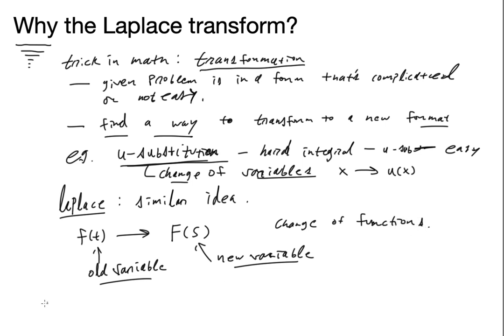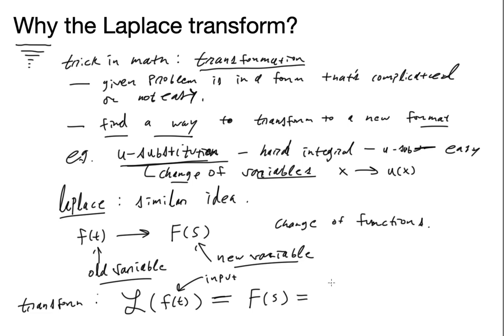Okay, so the idea here is we're going to call the transform, we're going to give it a name, a symbol, and it'll be a script L, a cursive L, capital, of a function f of t. And that'll be the input. And the output is going to be capital F of s. All right, and so this has a very specific form, and I'll just write down what the actual computation is.